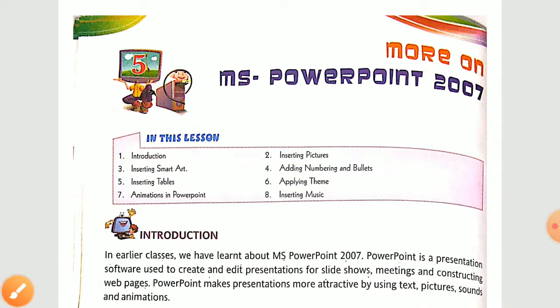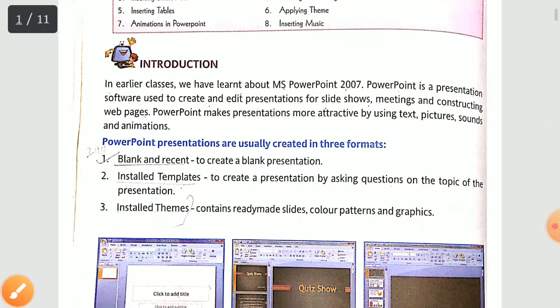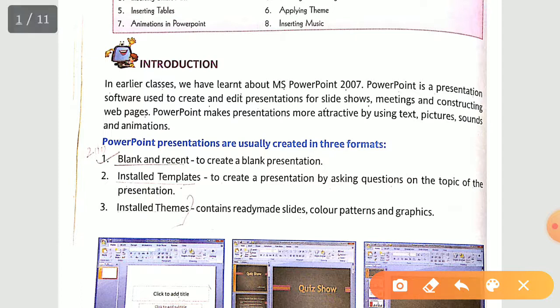Okay, so starting from the introductory part, in the earlier classes, we have learned about MS PowerPoint 2007, the basic features you have learned. Means how you are going to open MS PowerPoint, how you are going to make a slide in MS PowerPoint, all those things you have learned.